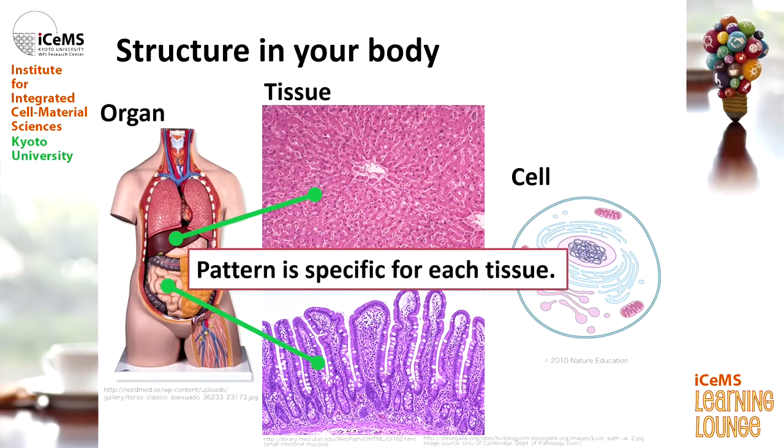Tissues function to express the organ functionalities. Each organ has a different function, and also the pattern is specific and unique for each tissue. This is a quite important feature, and in this sense, a cell is kind of similar to Lego blocks.